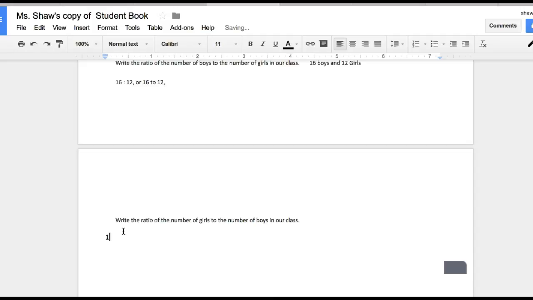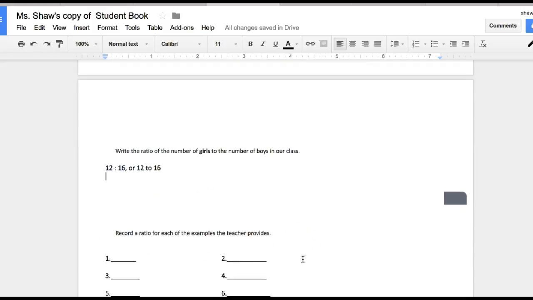Hopefully you have written 12 with a colon, 16, or 12 with the word to and 16, for 12 girls to 16 boys. Noting that since girls came first, we needed to write the number of girls first. Again, as I explained to you, order is very important.